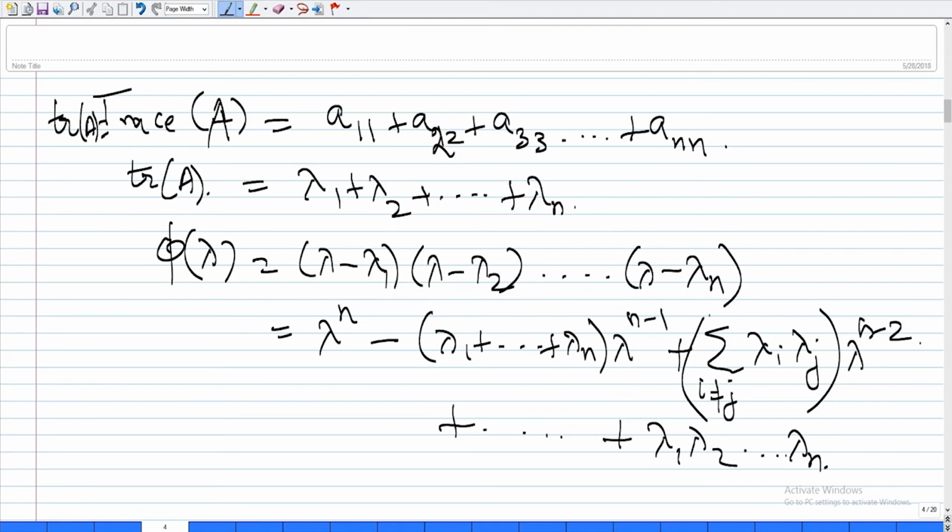Given a matrix, if you are talking about the characteristic polynomial, the constant term in the characteristic polynomial represents the determinant of the matrix. So, determinant of A is nothing but lambda 1 to lambda n, the product of all the eigenvalues. The trace of a matrix gives you the sum of all the eigenvalues, while the product of the eigenvalues gives the determinant of the matrix.